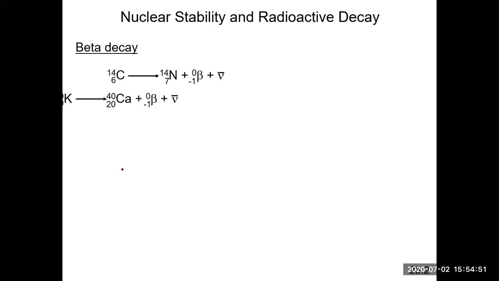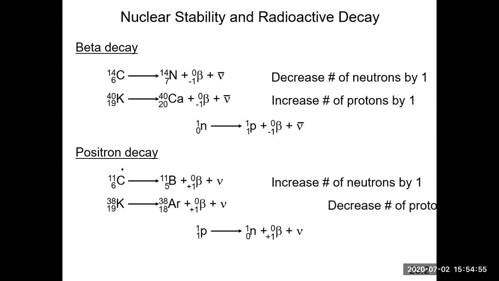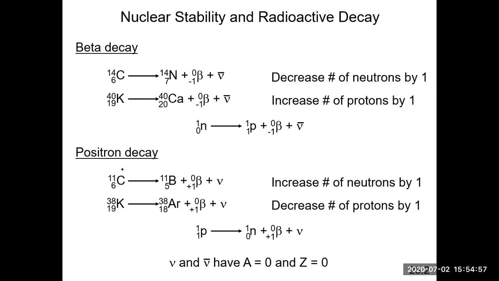So let's take a closer look at what is really happening in these beta decays and positron decays. The first thing here is our beta decay. The beta decay means that our beta particle, which is right here, is given off on the product side.